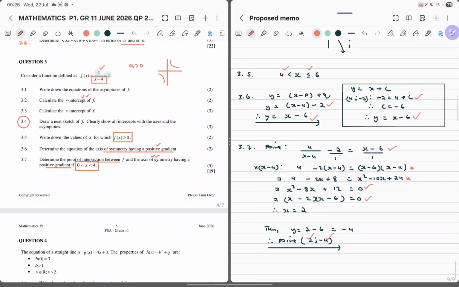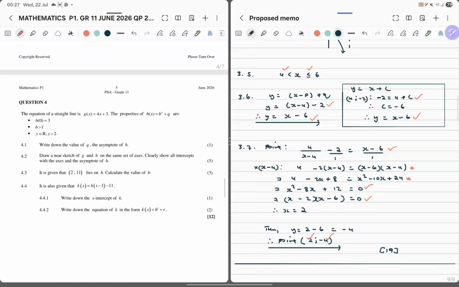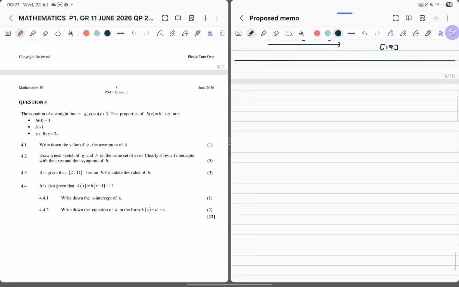Nice and easy, folks. So we take our 19 marks and move on. We don't want to spend time talking gibberish. It's a point in the 4th quadrant, and the graph is telling the tale.